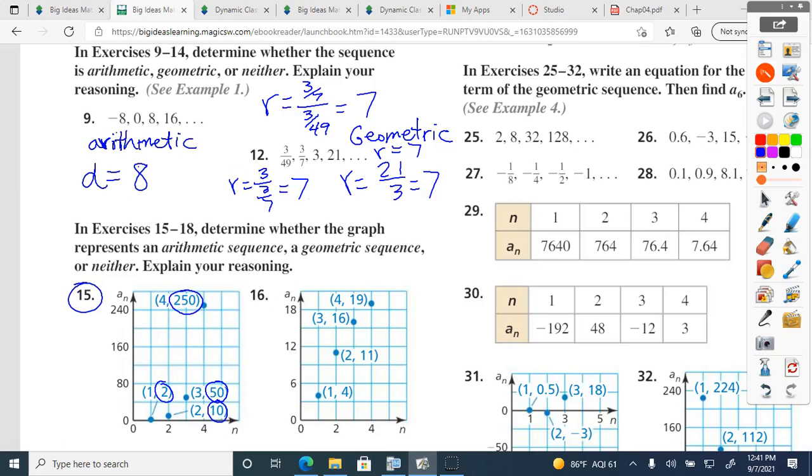Times 5. So, is that geometric? Yes. 2 times 5 is 10. What's 10 times 5? 50. And what's 50 times 5? 250. So this is geometric, and it's geometric because R is 5.